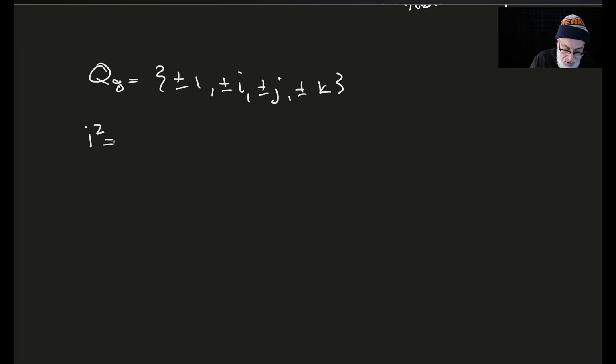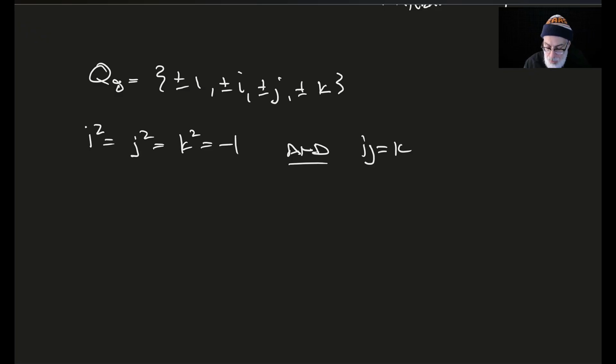It's similar to complex number I, in that the square will always equal -1. Now, I'm not saying that I equals the square root of -1, but it's similar in this way. And then we have these multiplication rules where ij is equal to k, jk is equal to i, and ki is equal to j. So this will be a future video.